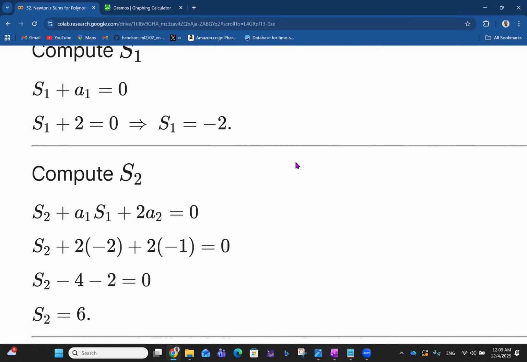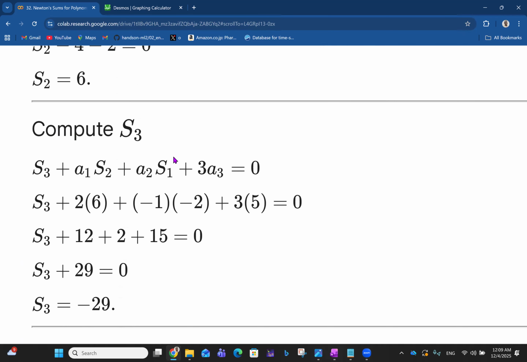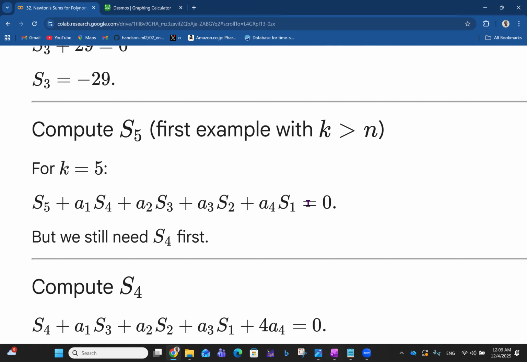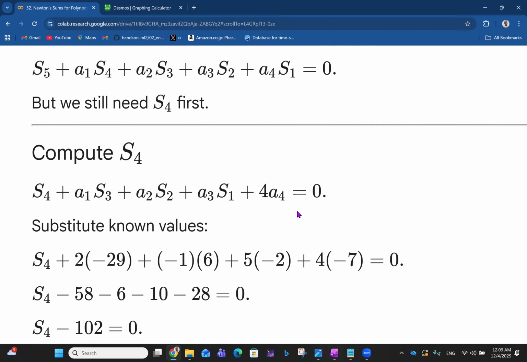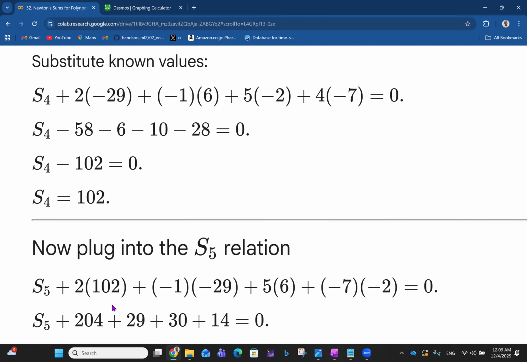Here we don't have A5. So anywhere where you should have had A5 will be thrown away. But for this one, if you substitute the known values, you get S4 to be 102.